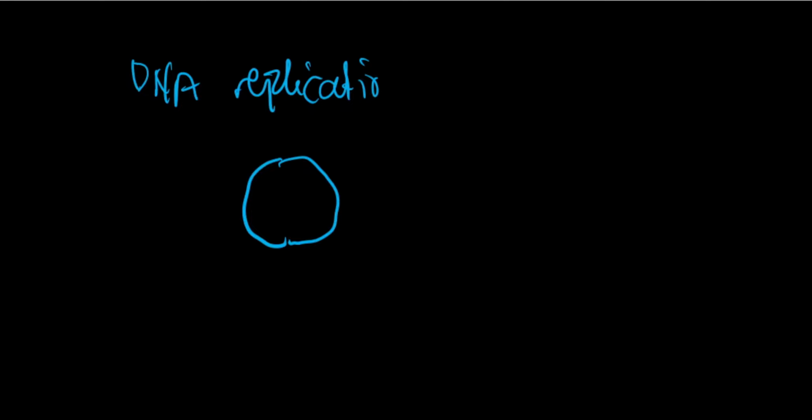Now, it's important for the cell to be able to give its daughter cells this information, and the only way in which the cell can transfer this information to the daughter cells is by replication, and so DNA replication is very important.